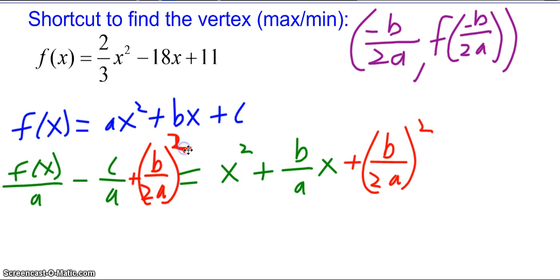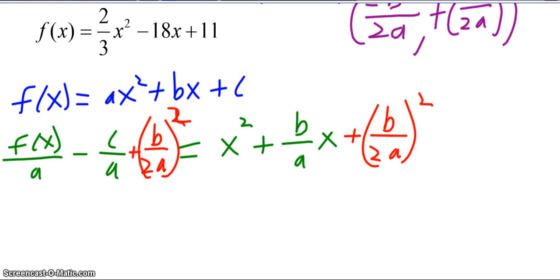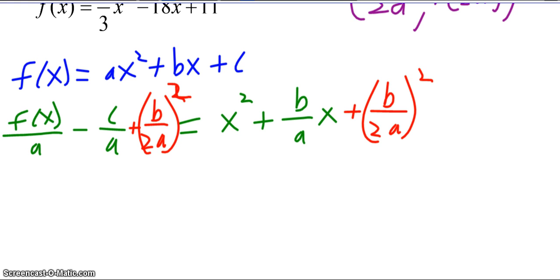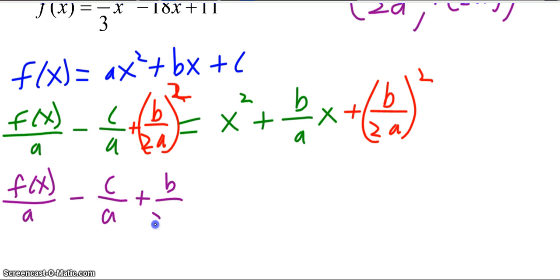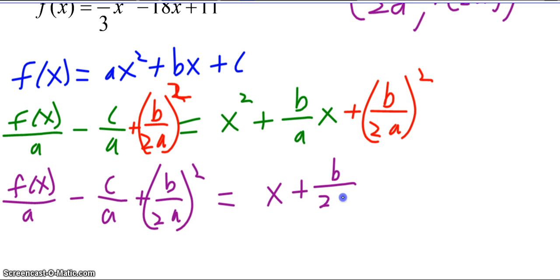And now when I actually complete the square, this becomes f of x over a minus c over a plus b over 2a squared equals x plus b over 2a squared.